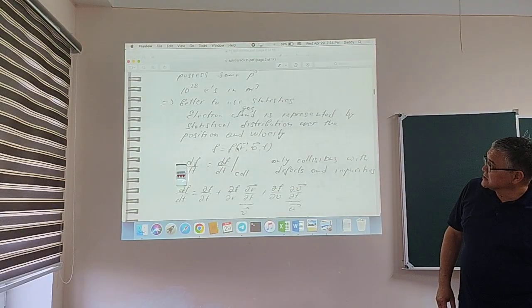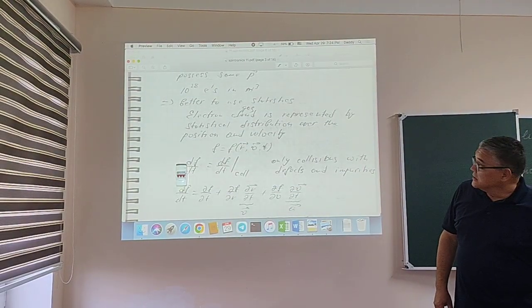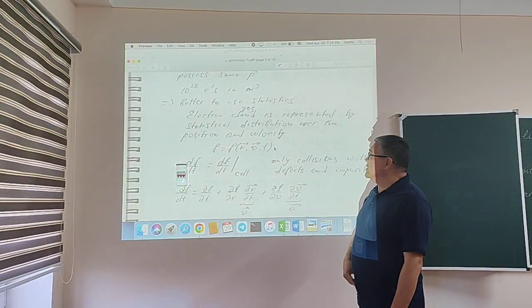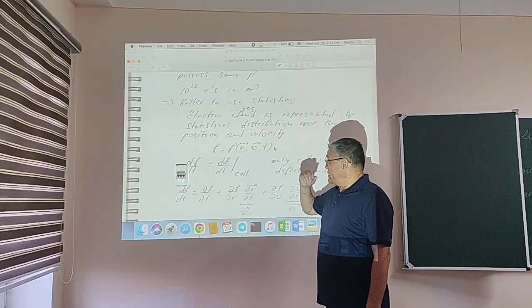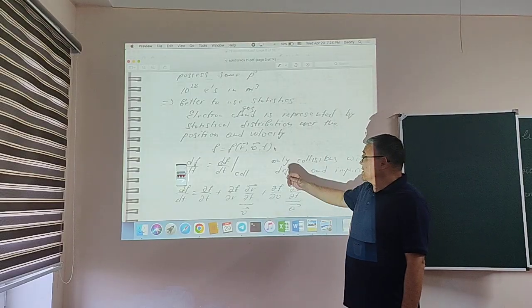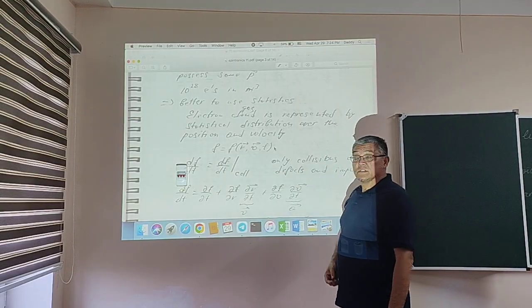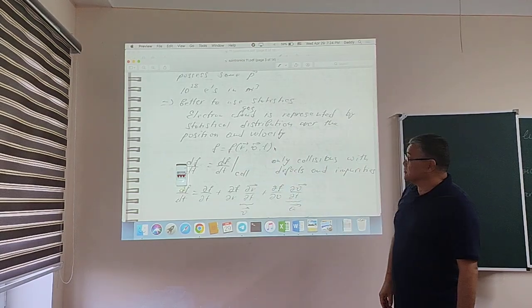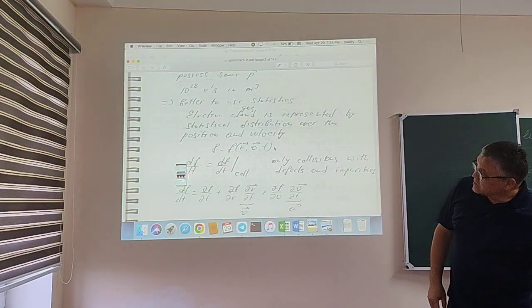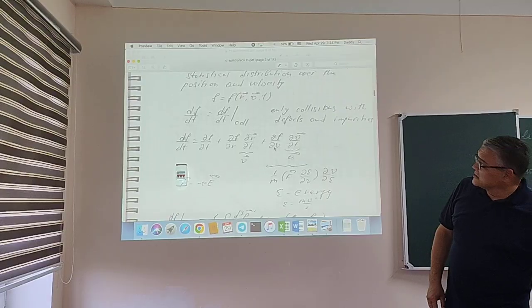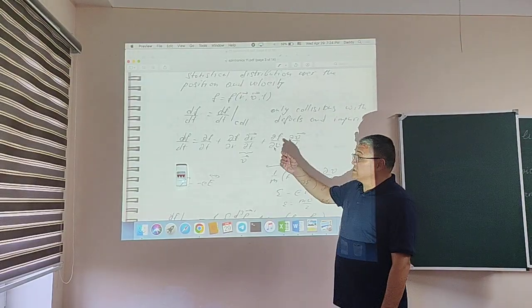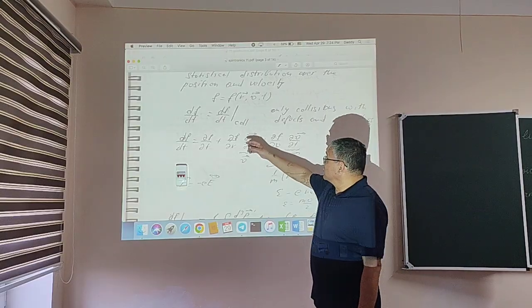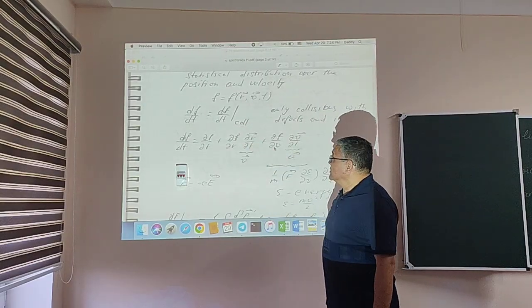This distribution function shows the probability of one electron to be at the coordinate r, the radius vector r, and have velocity v at some time t. So this is our distribution function, or probability function. We can write down this equation that considers the change of this probability distribution with time, which should be equal to (df/dt) at collision.